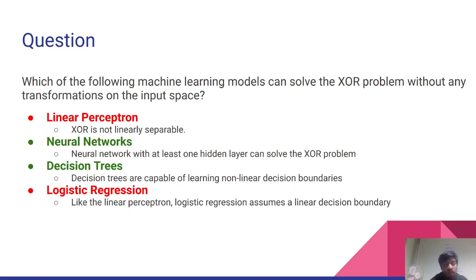If we are unable to do the separation with a linear perceptron, we will not be able to do it with logistic regression, because in both cases it works on the same principle and assumes a linear decision boundary, but that is not the case for XOR. So logistic regression is not a correct option.